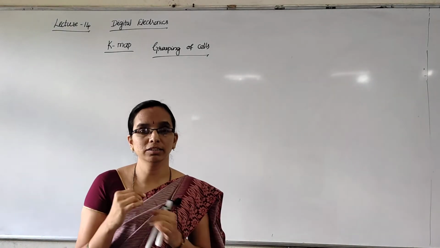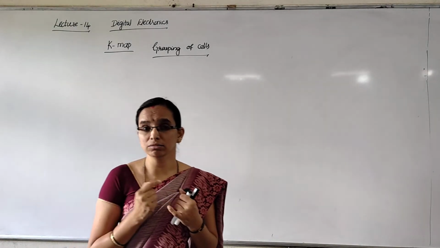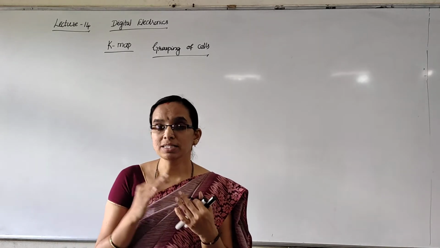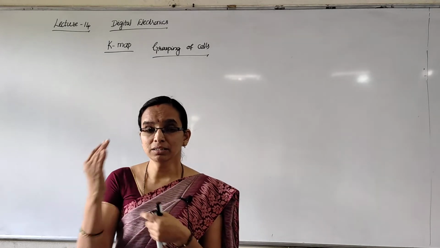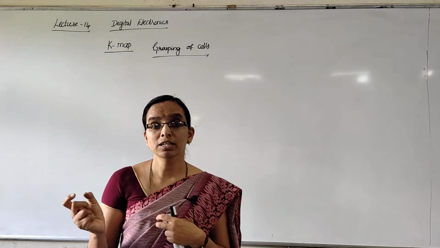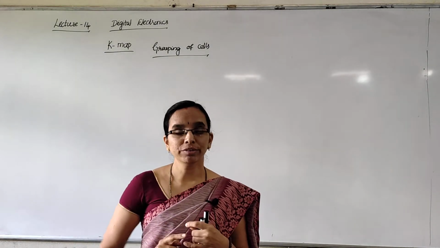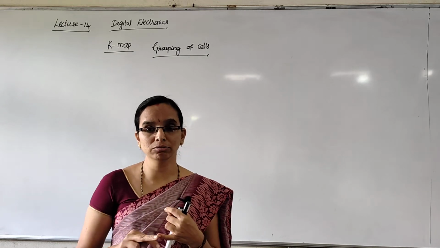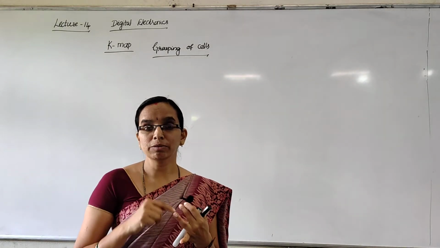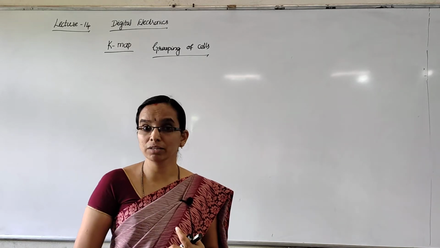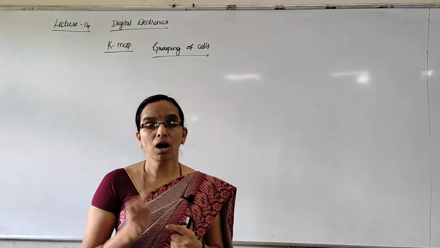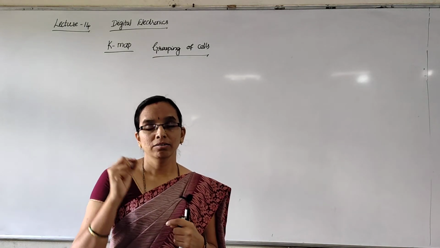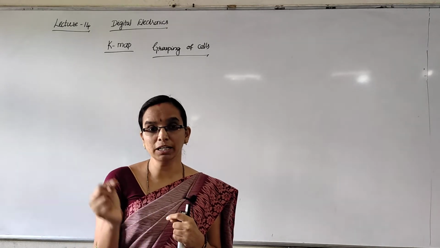First, we learnt how to draw the K-map for 2 variable, 3 variable and 4 variable, how many cells they will contain, and what the min-term designations and decimal numbers for the corresponding cells are. After that, we learnt how to plot K-map for 2 variable, 3 variable and 4 variable for given Boolean expressions and also for given truth tables. Now we know how to represent ones in the K-map, that we got to know.